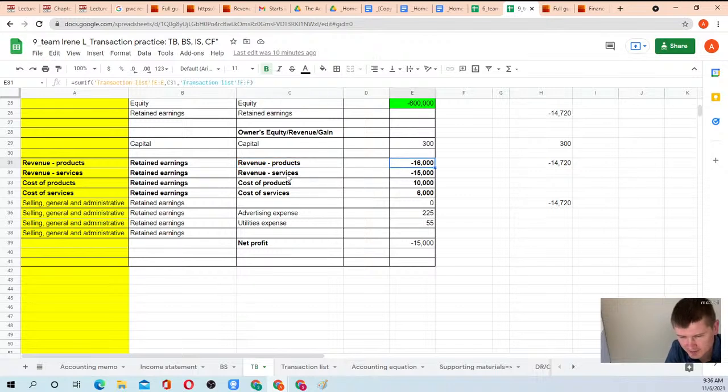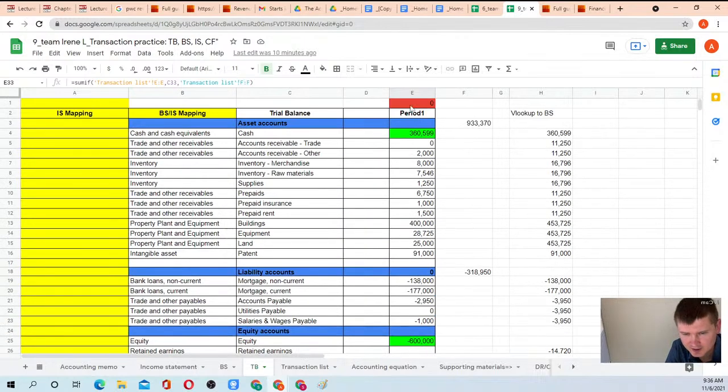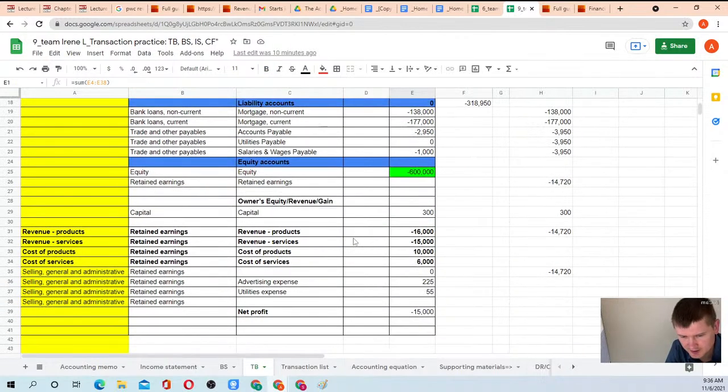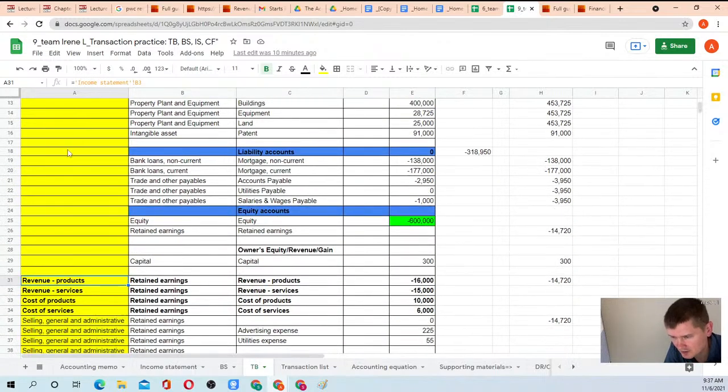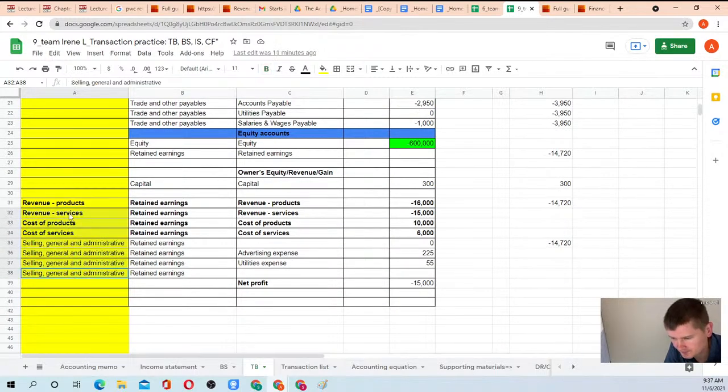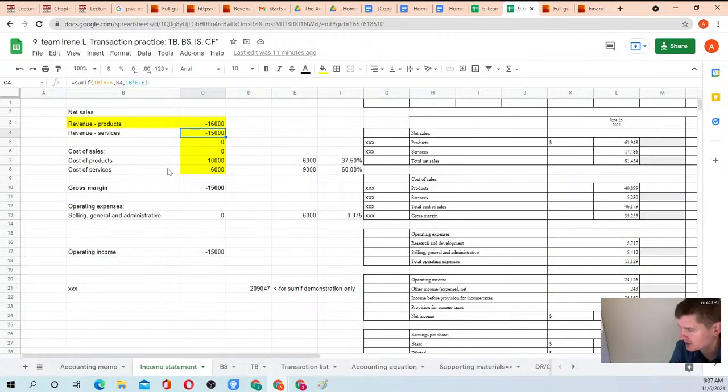She has revenue products, revenue services, cost of products, cost of services, and her trial balance is 0. Then she uses a mapping to look up some stuff. She has general and administrative, revenue products, revenue services, and it's pretty much summarized.